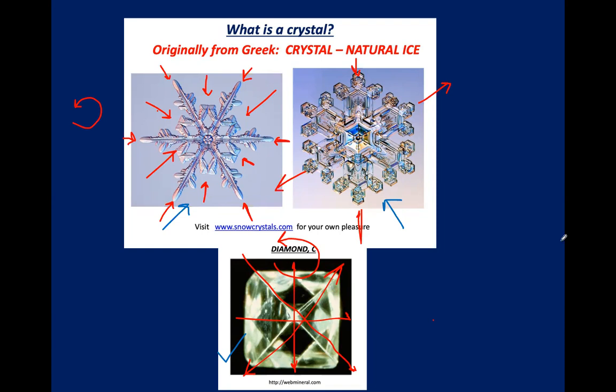For non-crystalline materials, you can't find this type of symmetry. So it's not always six. It may be two, three, four, like that, depending on the crystal. So we are going to learn about the different categories of crystals. We call it crystal classes.